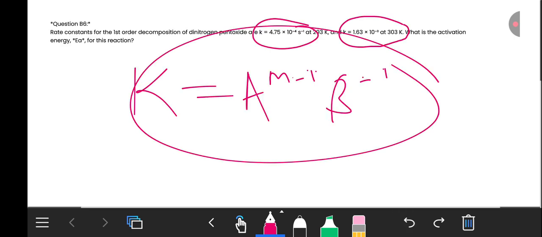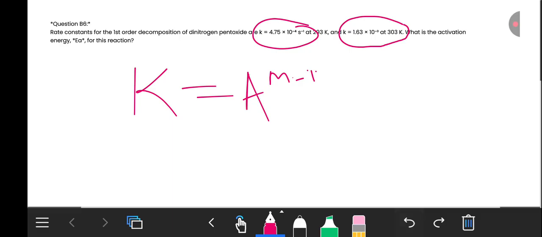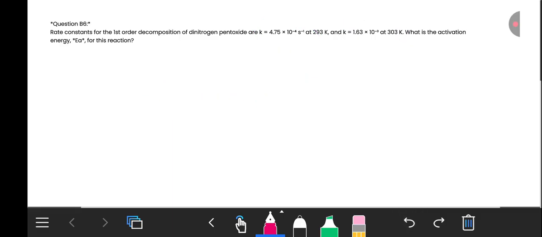That is simply a first order reaction, because if we check the units and plug into that equation, we will simply get per second. And we've been told it is just first order, so there is no need even to verify. So in this question we need to use the Arrhenius equation.